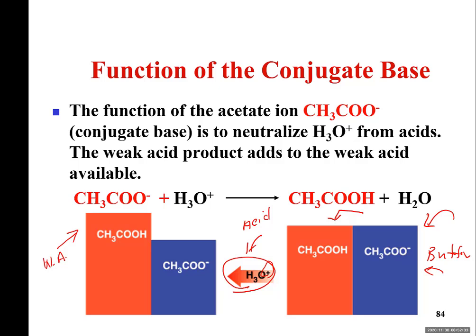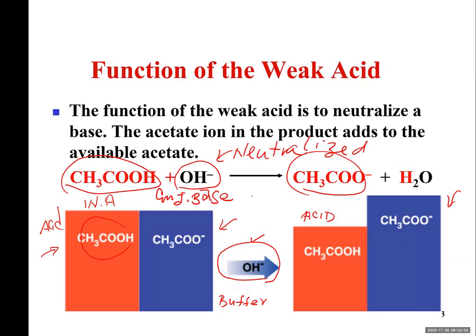So do you see a mixture of this weak acid and its conjugate base? They are continuously watching. If acid is coming, they will neutralize it. If base is coming, they are going to neutralize it. So they are watching to kill any incoming acid and base.